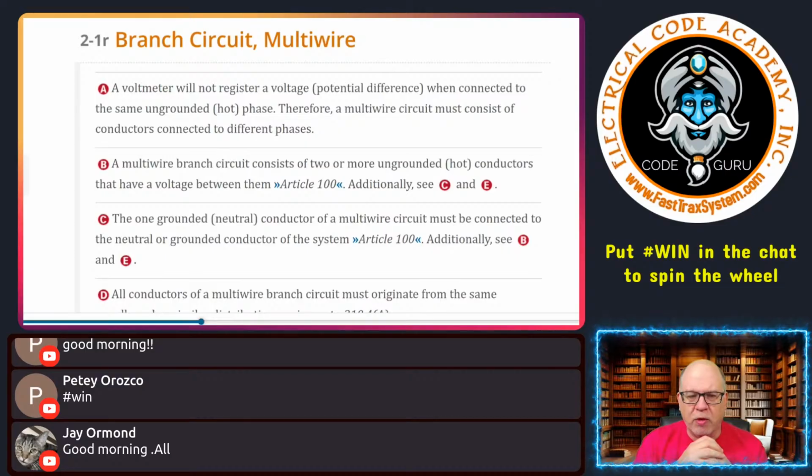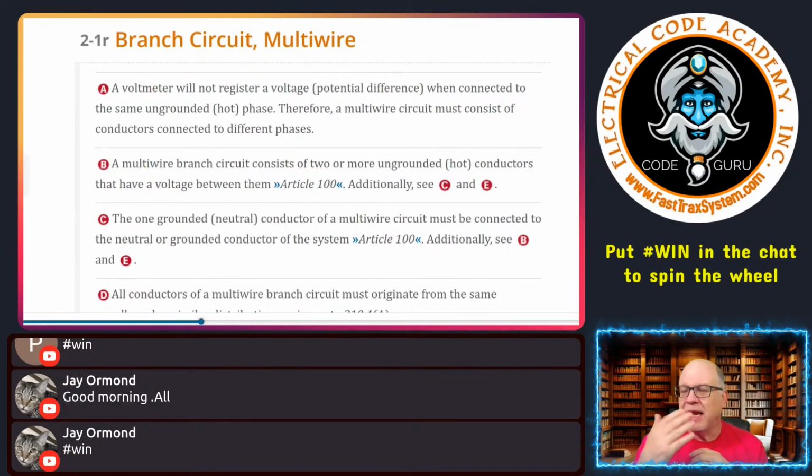Like when we talk about dryers and ranges, they have a neutral contribution, usually the electronics in it. So that's not used as a multi-wire branch circuit. That's used just as a 240 volt circuit.